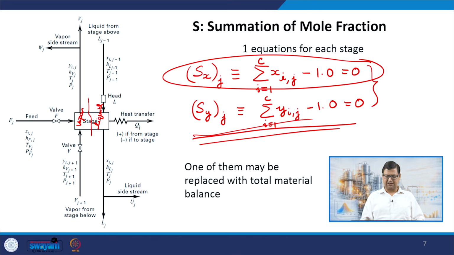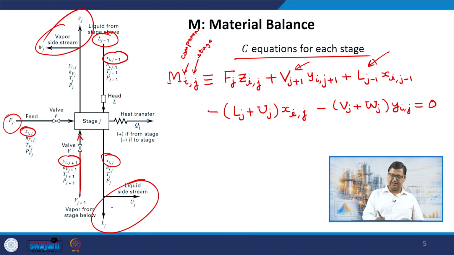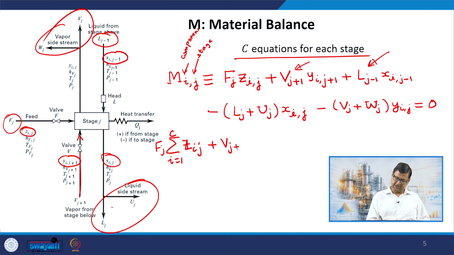Otherwise, we cannot consider total material balance separately, because if I add up all the material balances right here, if I just add it up, what we are going to have is something like summation over I equal to 1 to C Fj Zij, and then similarly I am going to have plus Vj plus 1 summation over I equal to 1 to C Yi j plus 1 and so on.